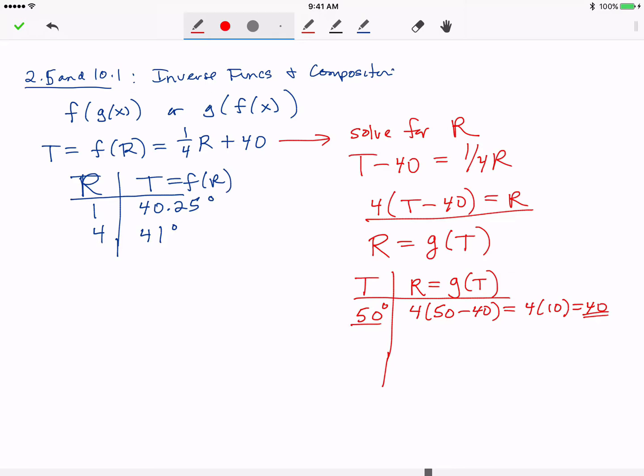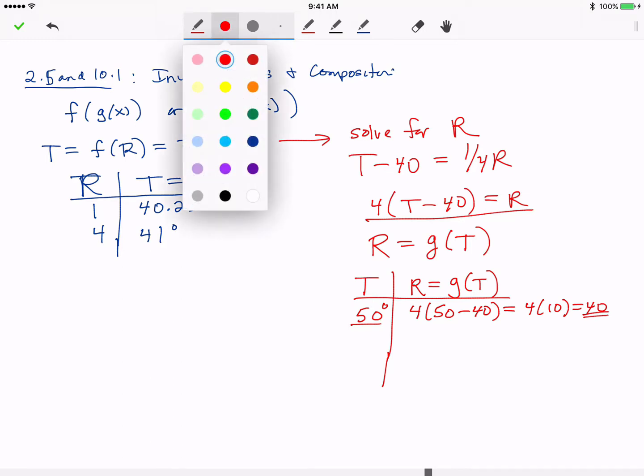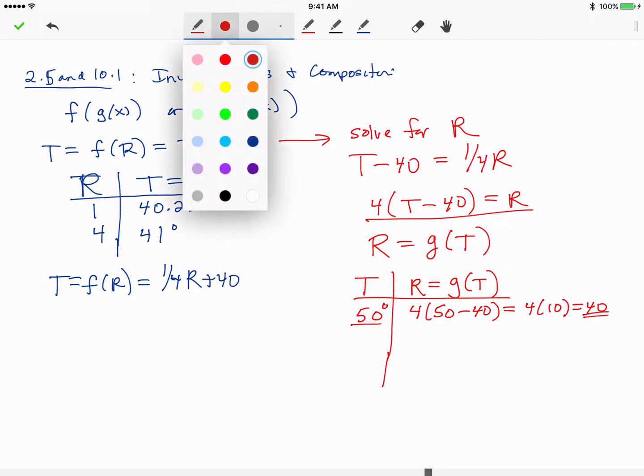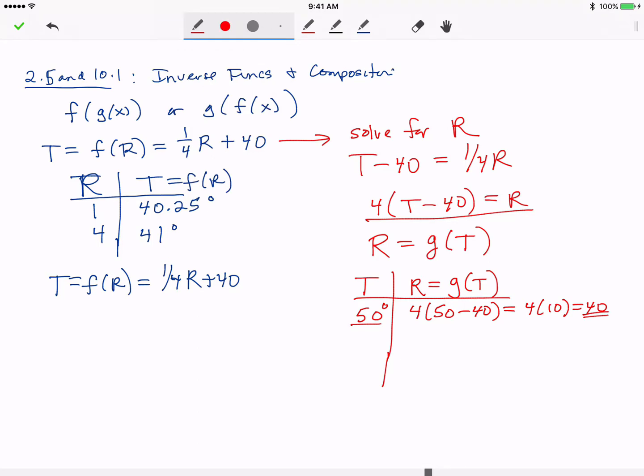Now these two formulas, there's a relationship between them. There's a relationship between t is equal to f of r, which is 1/4 r plus 40, and the function r is equal to g of t, which is 4 times (t minus 40). There's a relationship between these two.